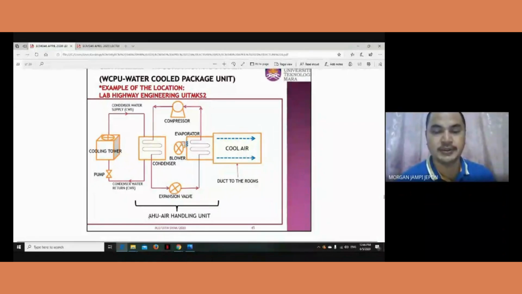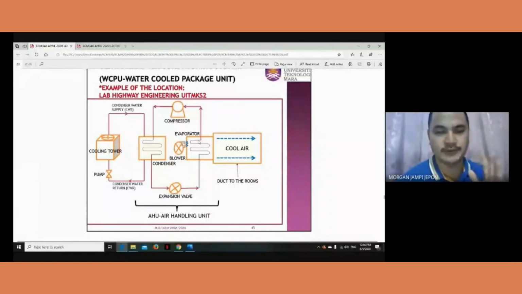Okay. So compared to the chiller type, the air handling unit only consists of the cooling coil. But for the WCPU, water-cooled package unit, all these 4 basic components are placed inside the AHU. Okay, so the evaporator is cold, right?